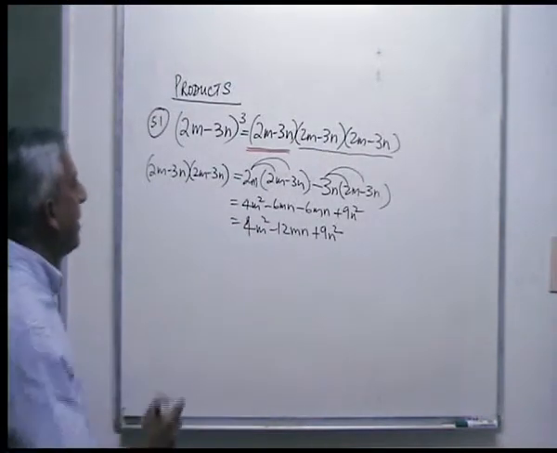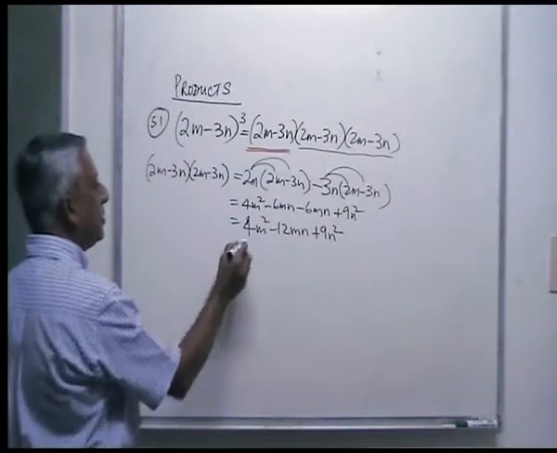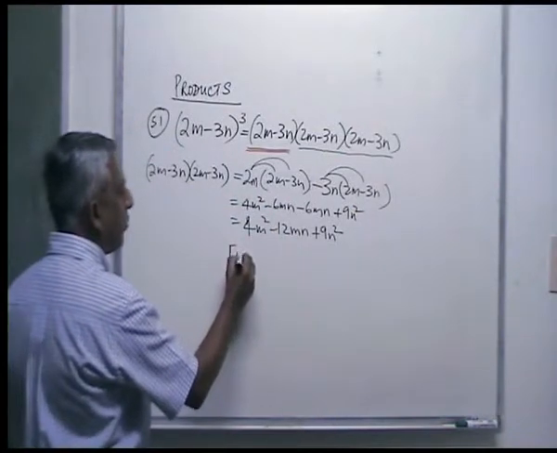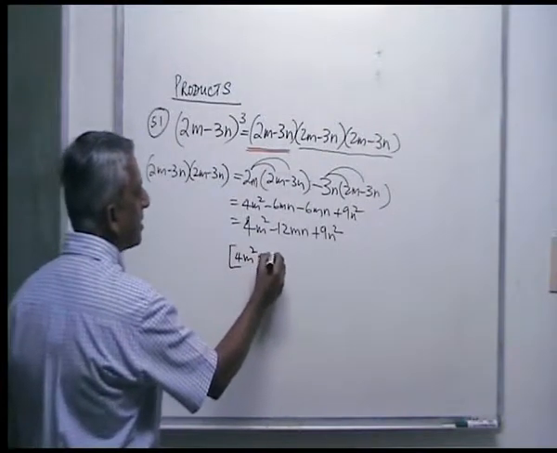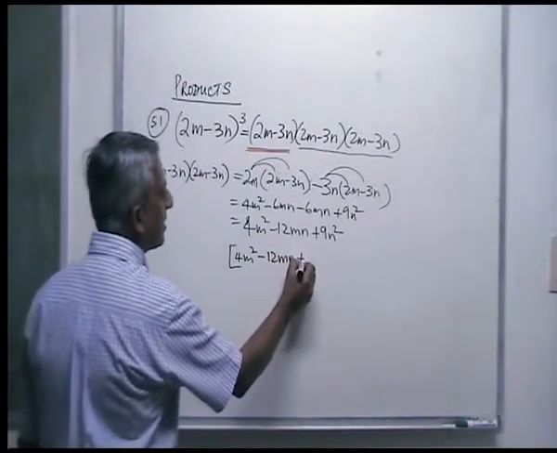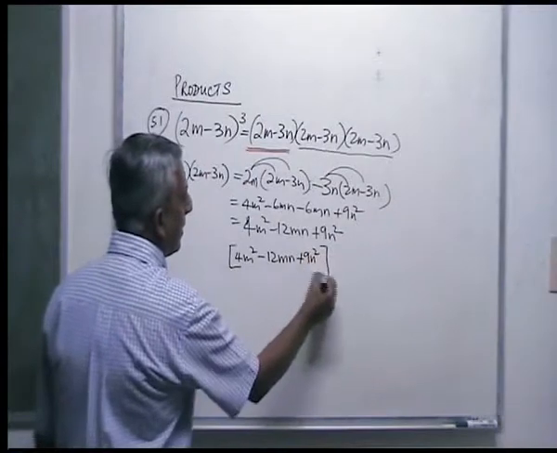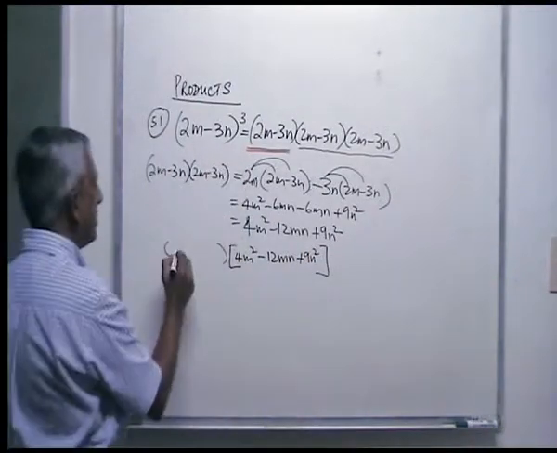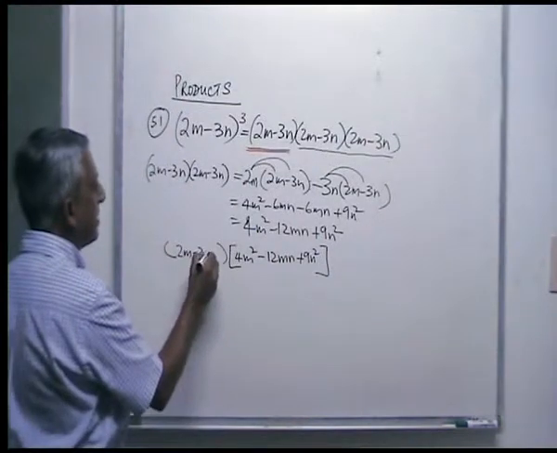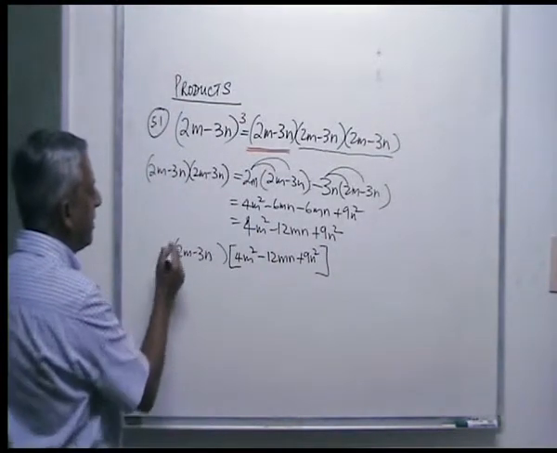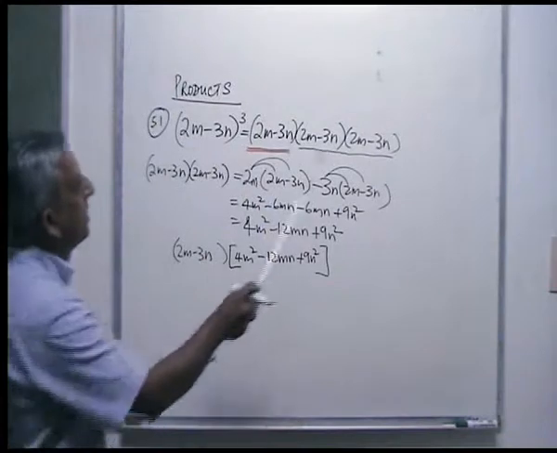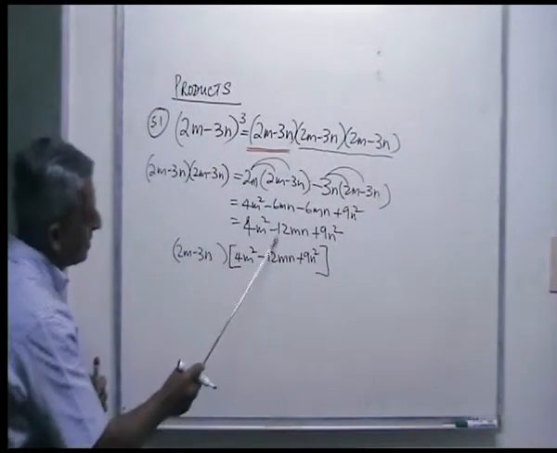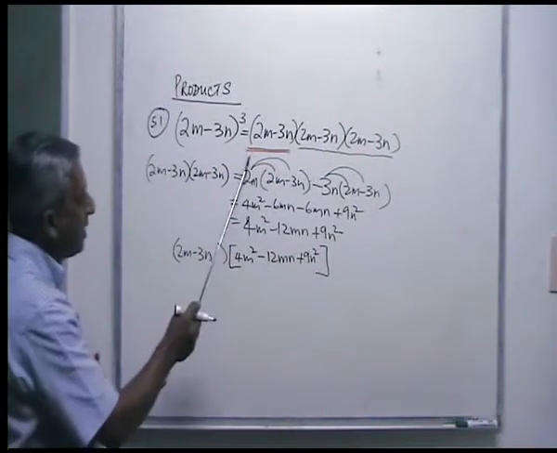So this answer now, you take the answer, which is 4m squared minus 12mn plus 9n squared. You're taking that answer and you're multiplying it by that, 2m minus 3n. You worked that part out on its own, you got the answer. Now you're taking the answer and multiplying it by that.